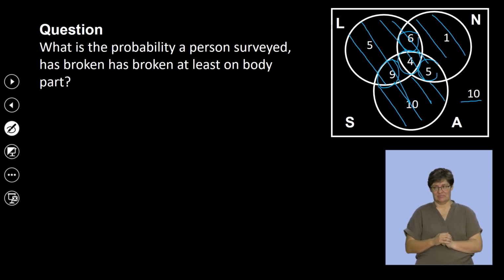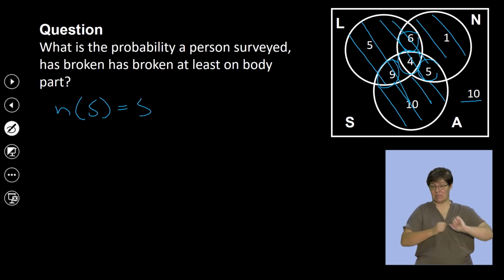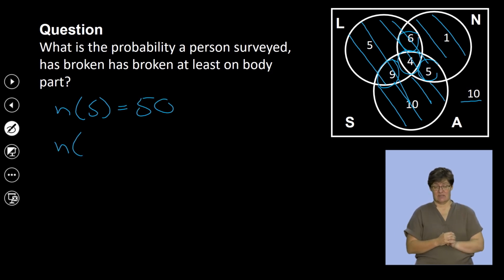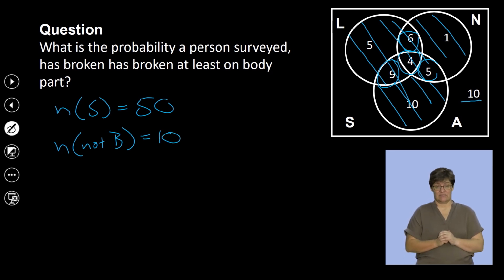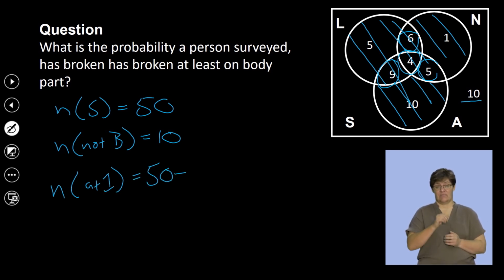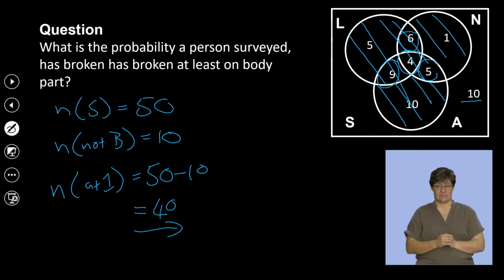So those that have broken at least one is going to be the total number in the sample space, which was 50, minus the number that did not break any, which was 10. So the ones left at least one is going to be 50 minus 10, which gives you 40, which is that whole space represented by the Venn diagram.